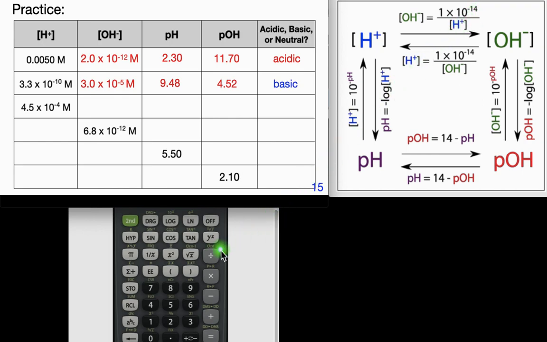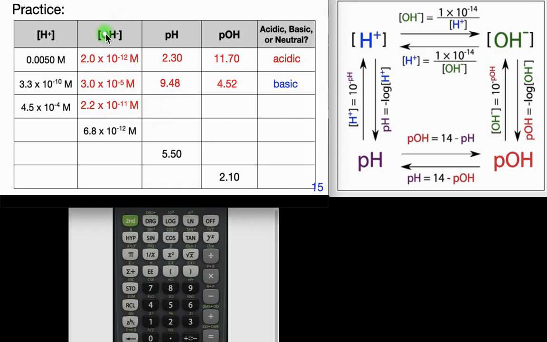Then divided by 4.5 EE 4, and then change the sign on it, and then equals. And that will be 2.2 times 10 to the negative 11.